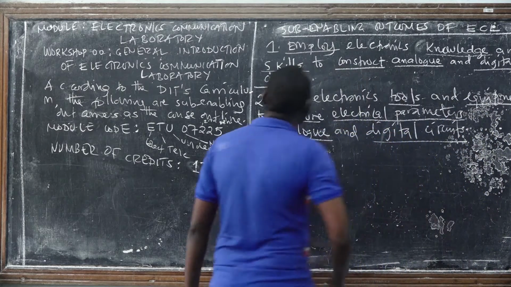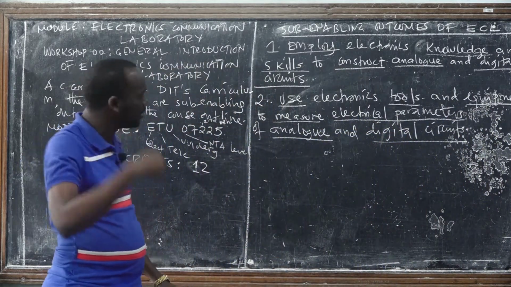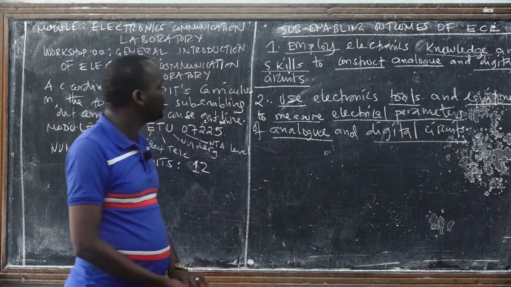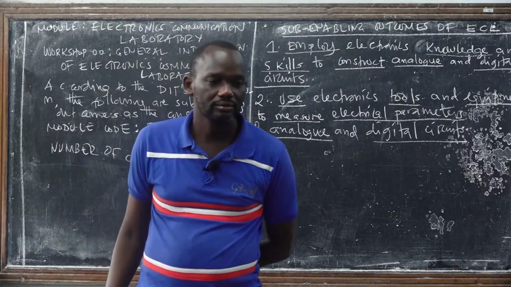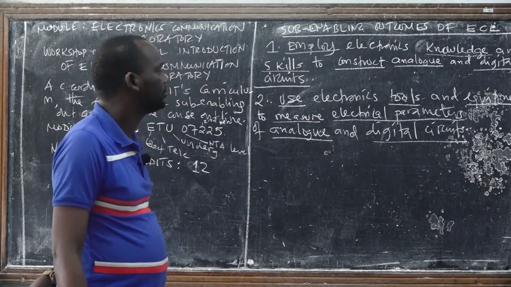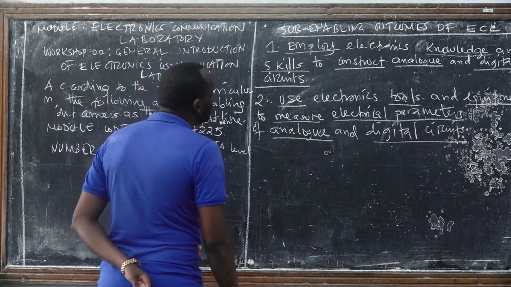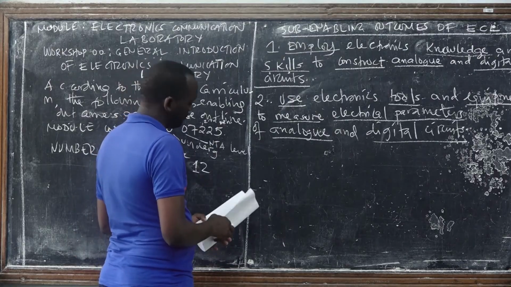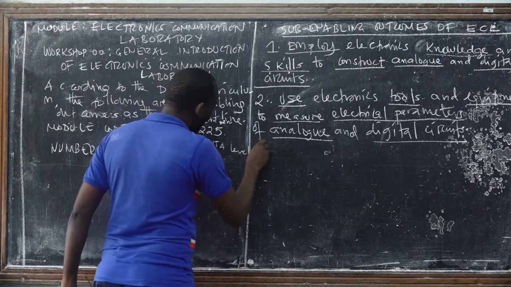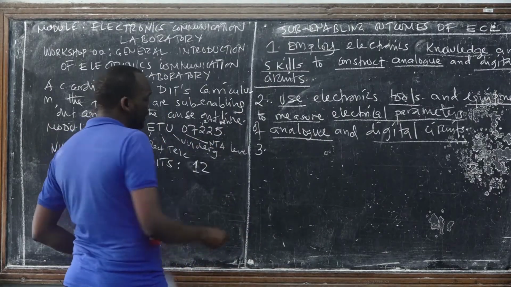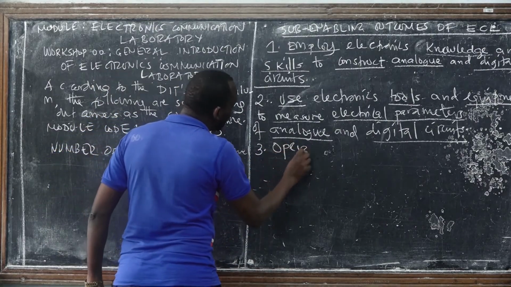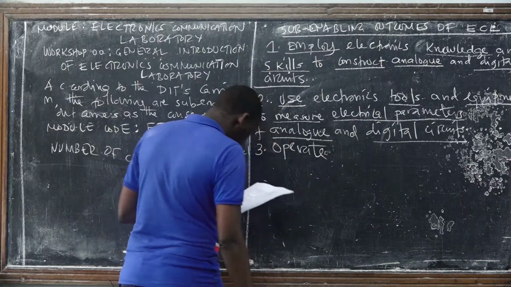Class, let us read together to write it in our subconscious mind. 1, 2, 3: use electronic tools and equipment to measure electrical parameters. Your signal strength at the beginning was high, but as you read, the signal strength goes down.